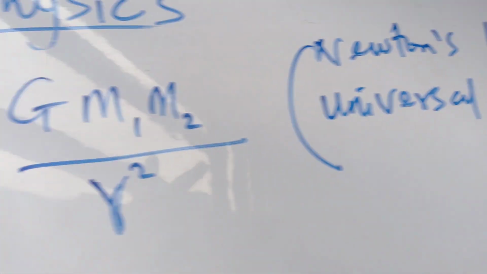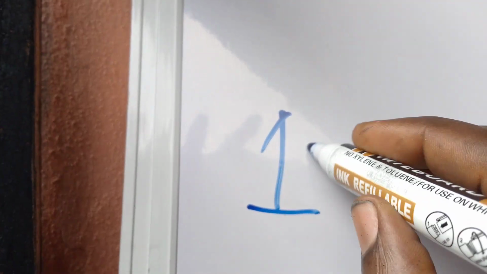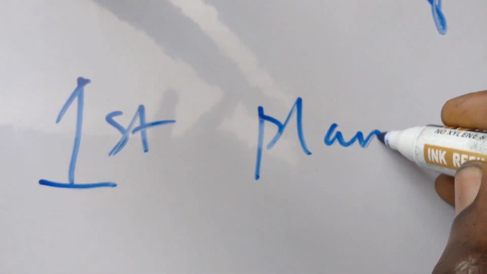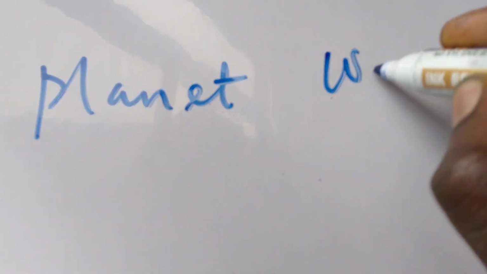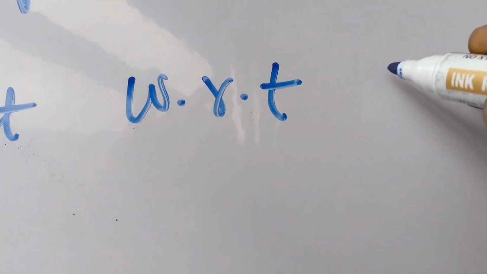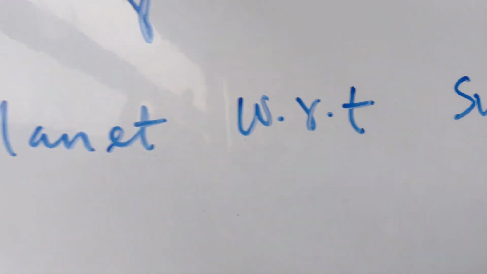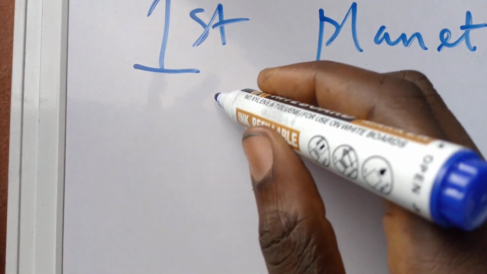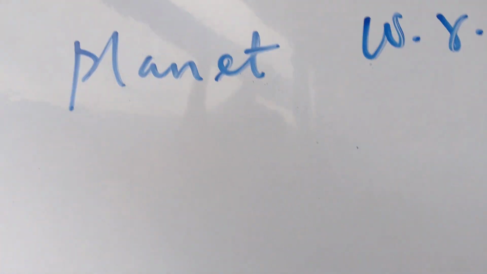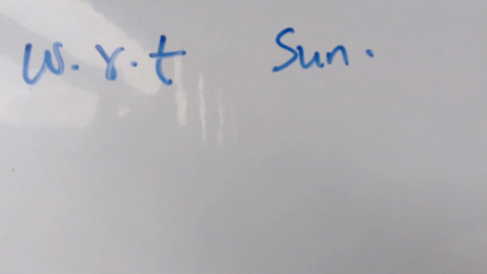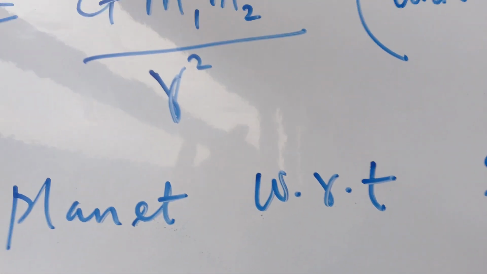Now we'll look at the first planet with respect to the sun. That means that mass m1 here will be the mass of this planet, and m2 will be ms.